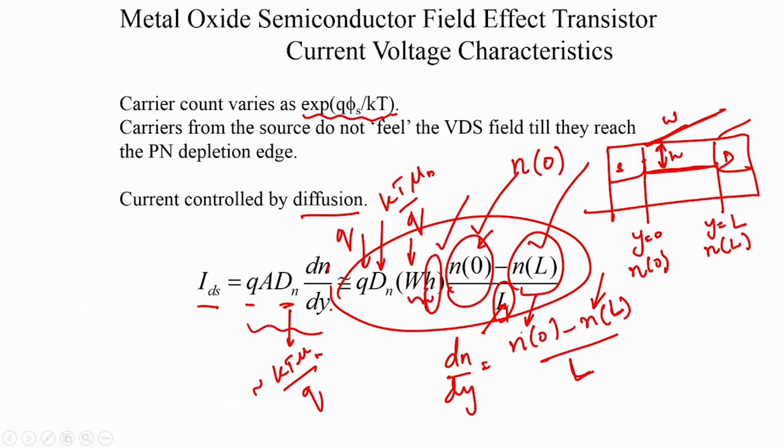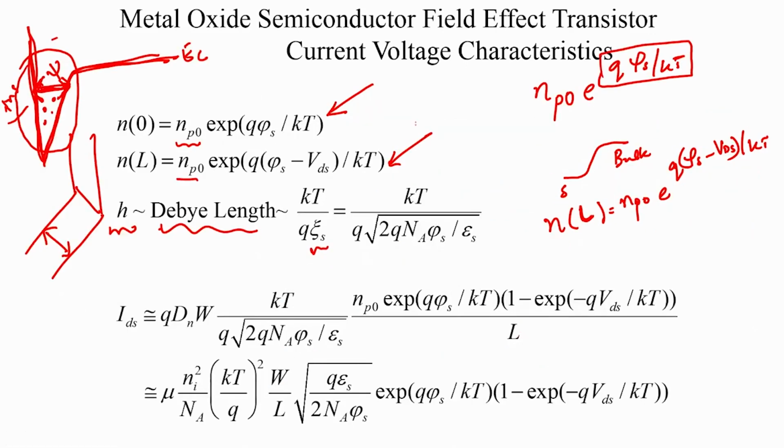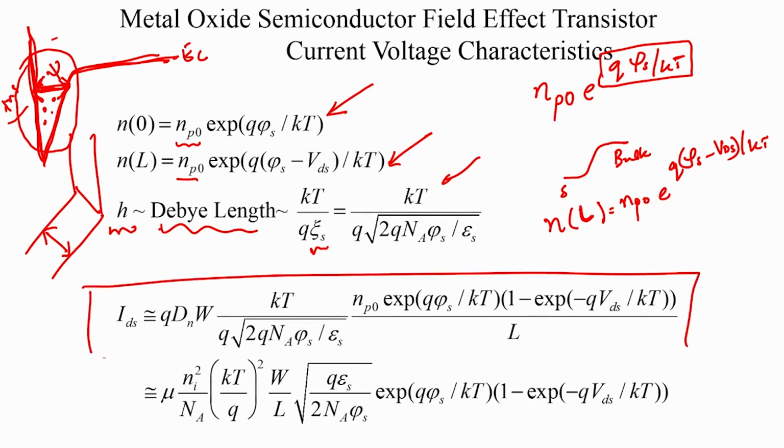Now we have all the parameters needed to identify the current in the subthreshold region, and the current is simply the combination of all these, and it turns out to be this equation here. Very rough approximation, many things approximated here, right.